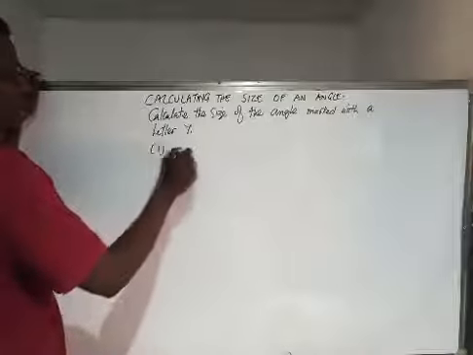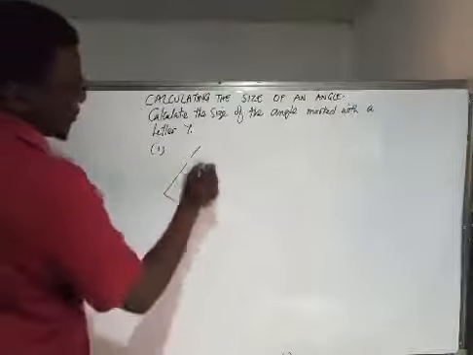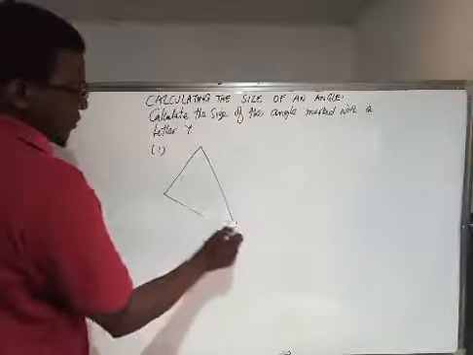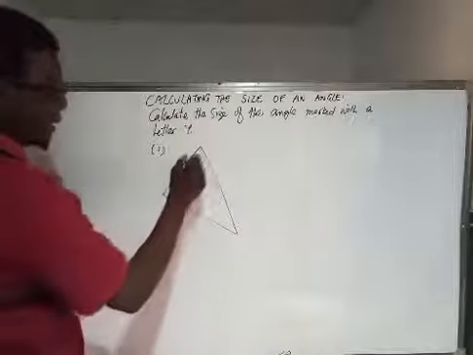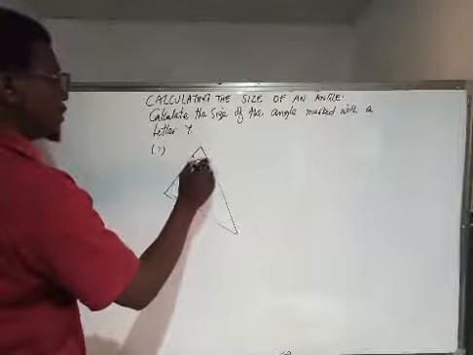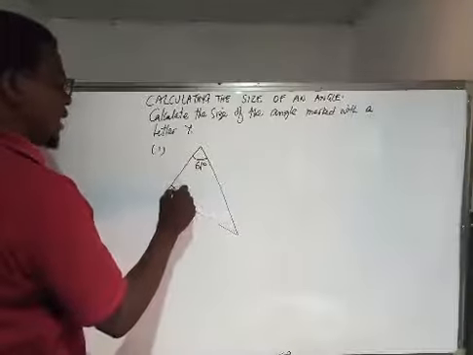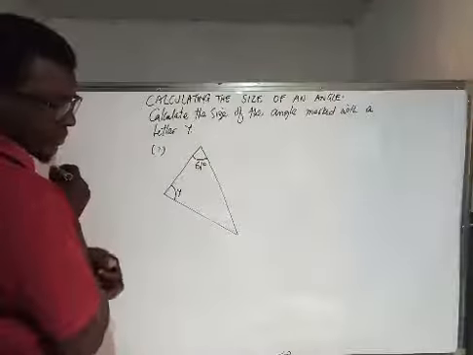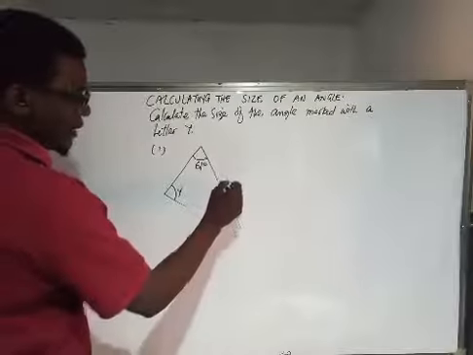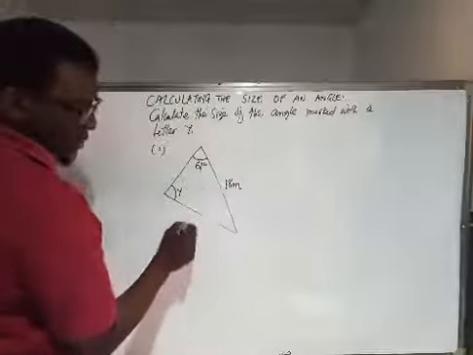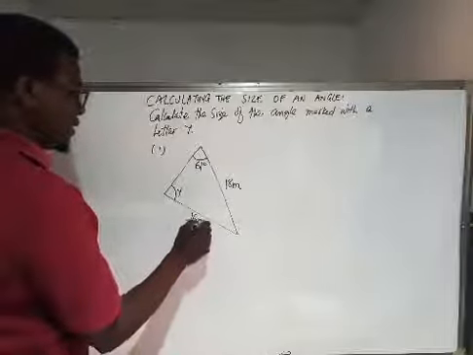Let's say we have a triangle. Okay? And in this triangle, we have an angle of 61 and an angle Y. Then we have the lengths 18 meters and 16 meters.